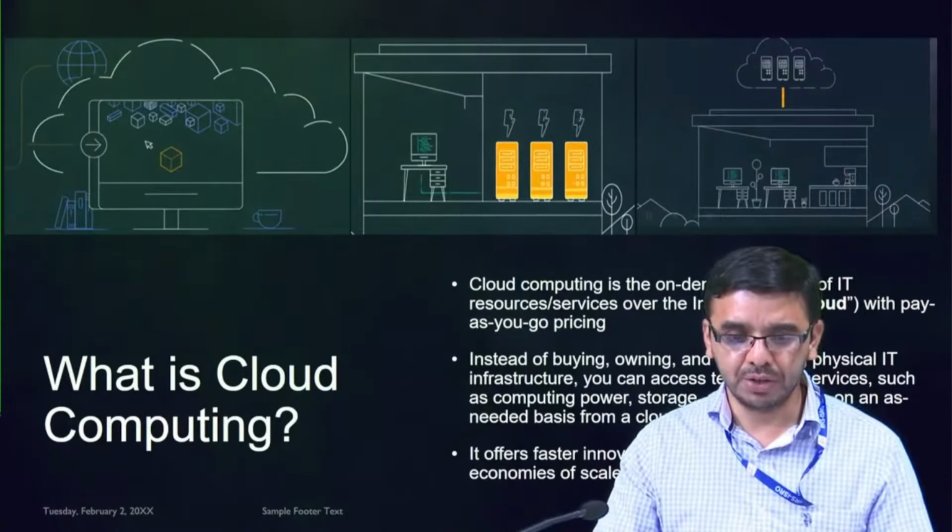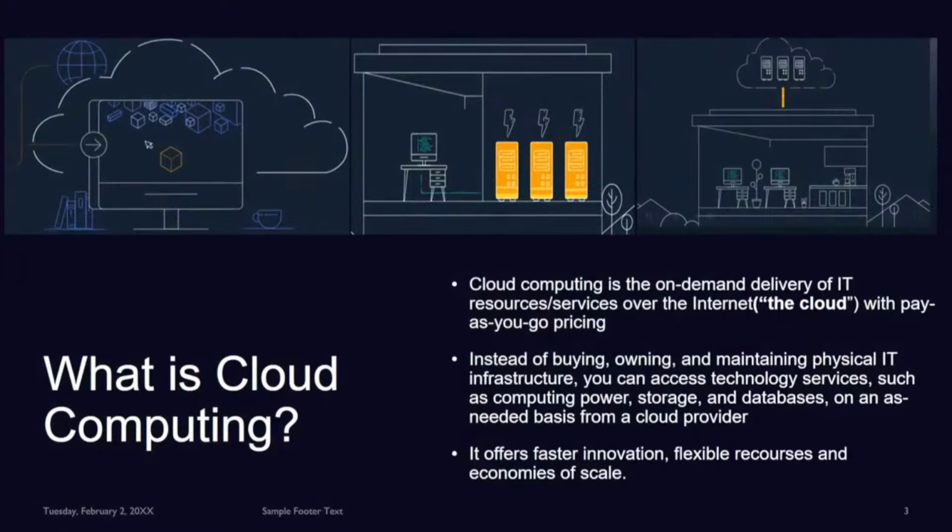So first of all, what is cloud computing? Cloud computing is the on-demand delivery of IT services or resources over the internet with pay-as-you-go pricing. It's like the delivery of any other service to your home, like water, electricity, or mail service. Instead of buying the whole infrastructure, all the servers, networking equipment, and storage devices, and deploying them on your own premises, accessing these computing resources as a service is called cloud computing.